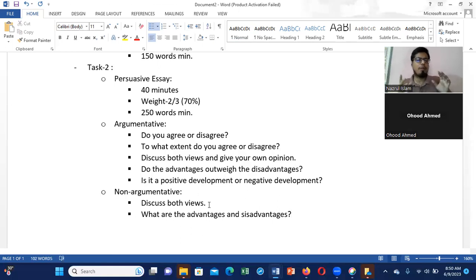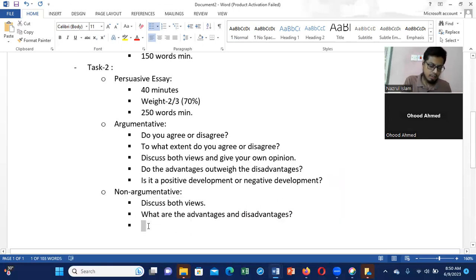But what I prefer is to separate two categories. First of all, you can say either argument or non-argument, to recognize the type of question it is. That's why I try to separate these things. So what are the advantages and disadvantages? Then you can say, what are the problems and solutions?